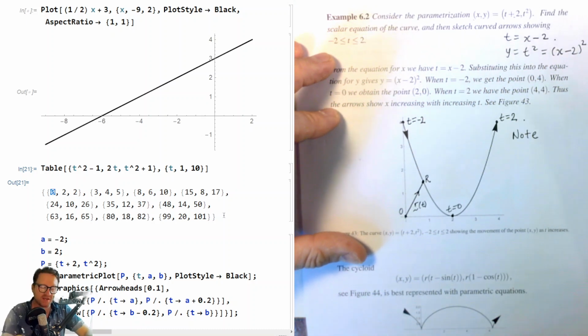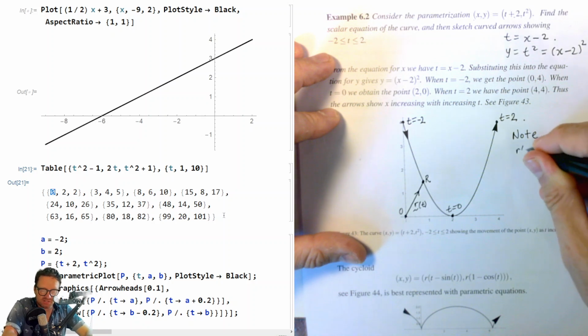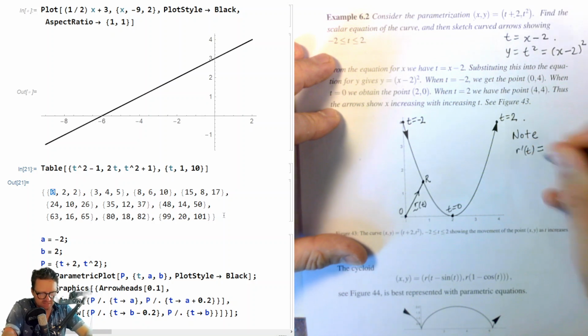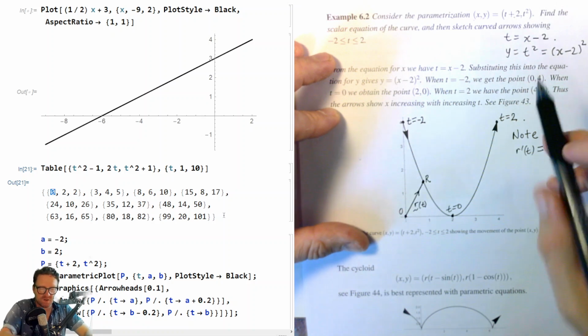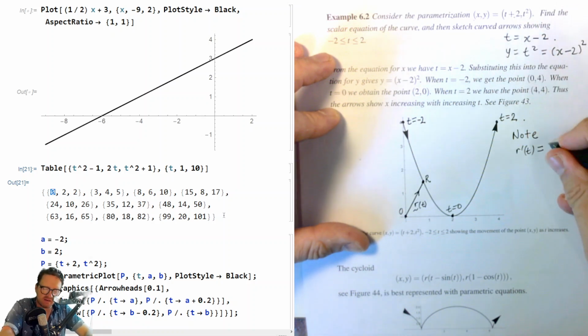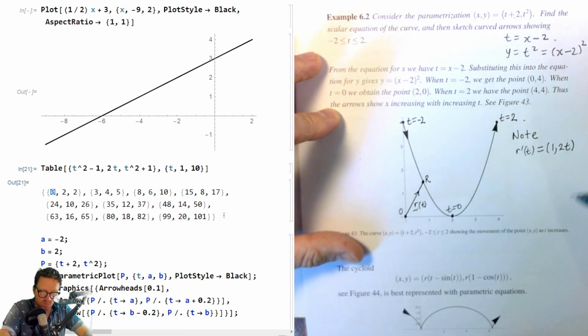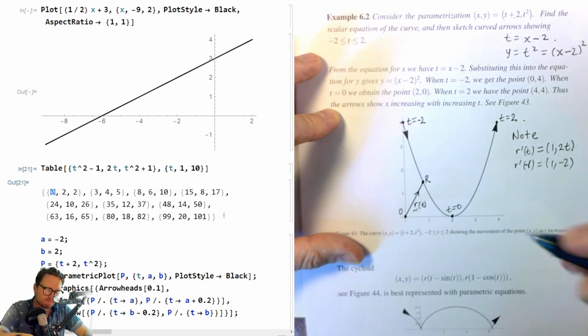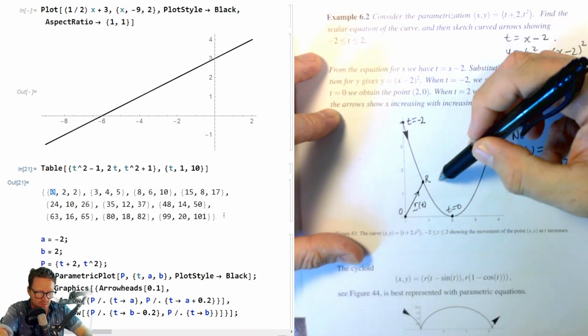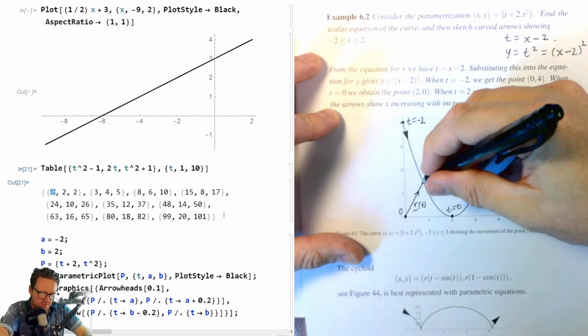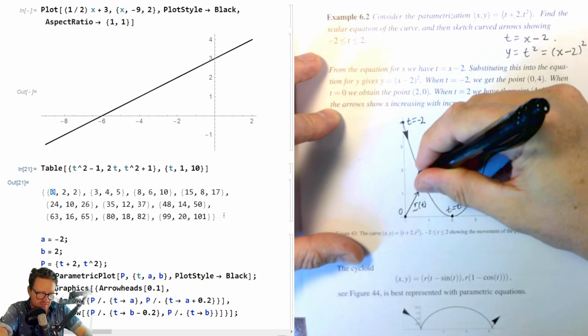Okay, now what about r dash? So r dash of t is equal to, well, just taking this and differentiating, we have 1 comma 2t. Okay, so at this point t is roughly minus 1, so that would be r dash of minus 1 equals 1 comma minus 2. So going over 1 and down 2. So we have r dash is something like this.